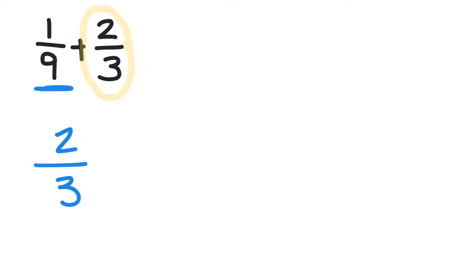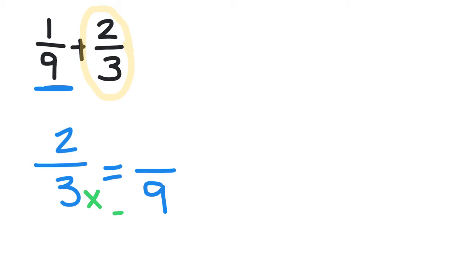2/3 would be equivalent to how many ninths? That's the question. How many ninths? To find an equivalent fraction, as you know, we must multiply the numerator and denominator by the same number.